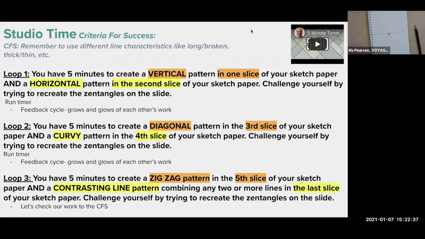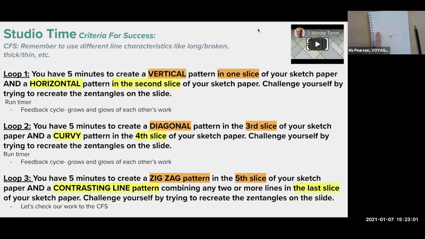so you guys can see exactly what we're doing during our studio time. We have 3 loops that we are going to be working in. The first loop is you're going to create a pattern using only vertical lines in the first slice. So I'm going to start over here and create a pattern only using vertical lines.